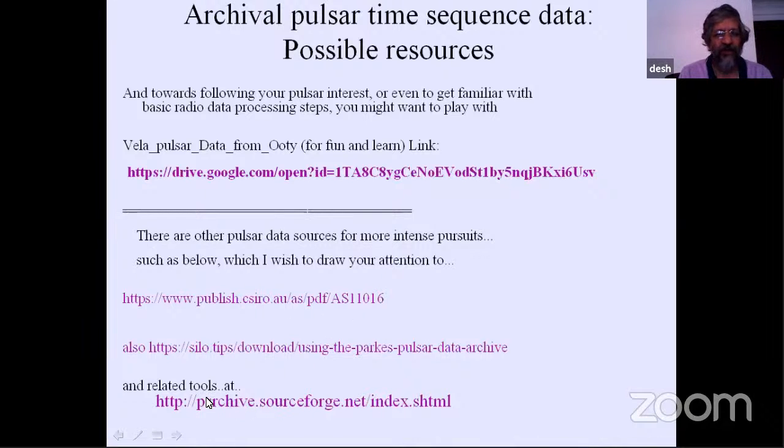And fortunately, the community has also put together tools to analyze the data that they have made available. So a lot of processing can be achieved by using codes, so you don't have to spend time developing those tools. So I will encourage you to have looks at this and see what appeals to you.